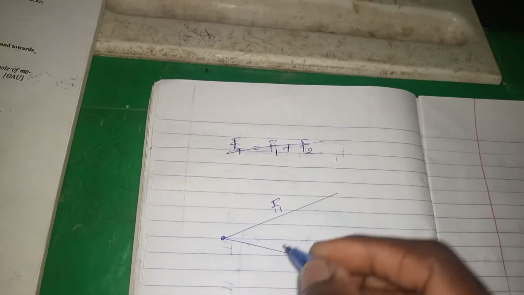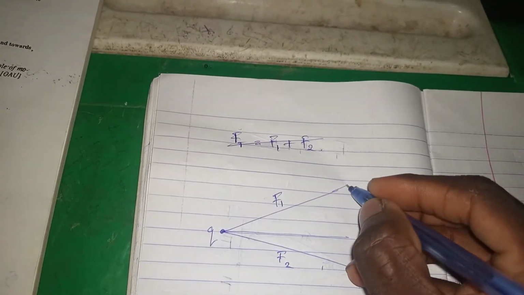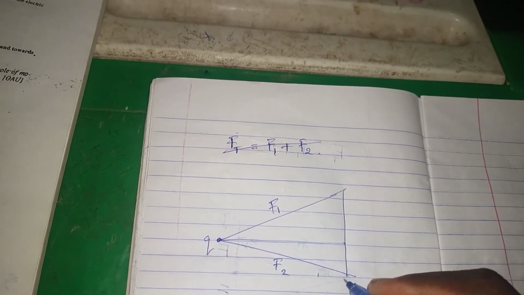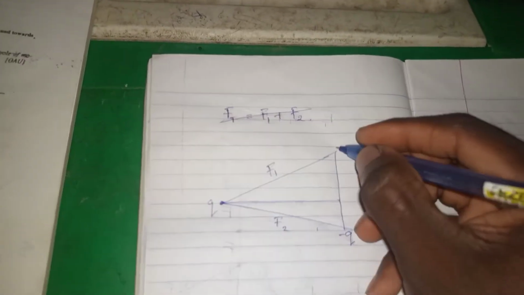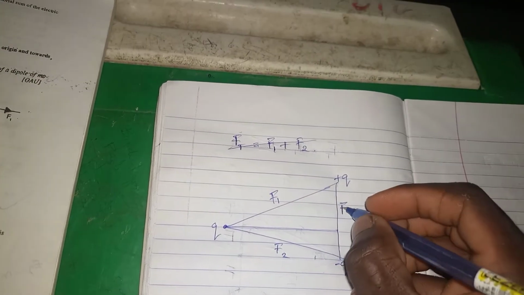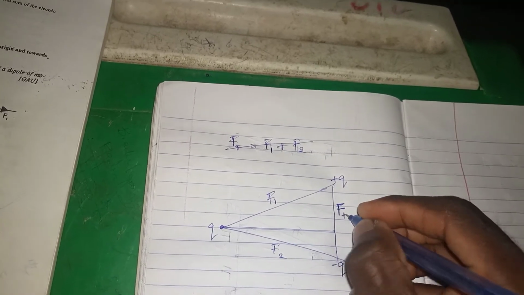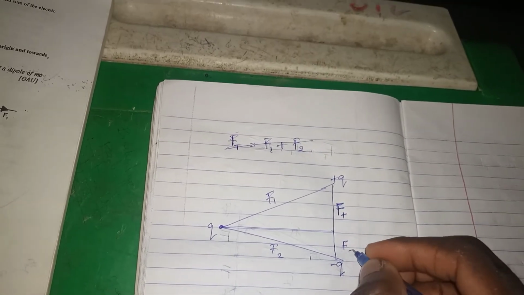We had F1 here and we had F2 here. We had Q here. We had the distance to this point. And we recall that minus Q was here, positive Q was here. So if we call this F, let's call this one F positive now, and call this F negative.